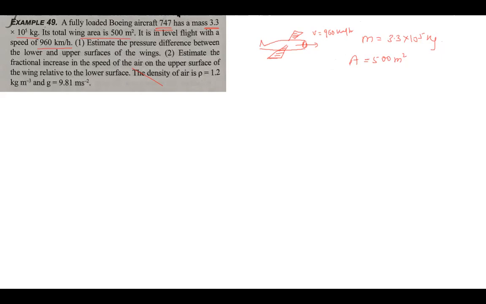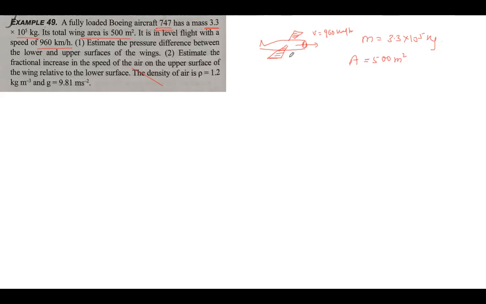Estimate the pressure difference between the lower and upper surfaces of the wing.